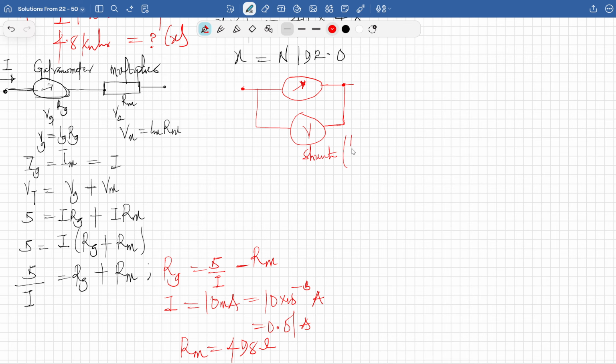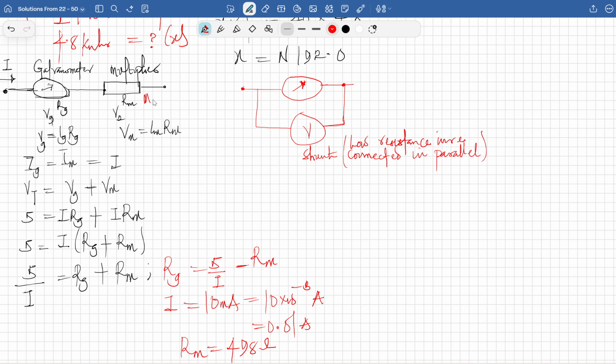Please do not forget that a shunt is a low resistance wire, connected in parallel, which is a very common question, as we see in the diagram.